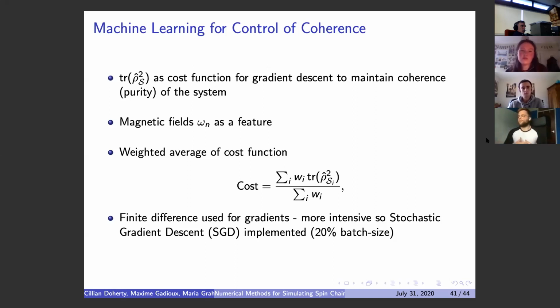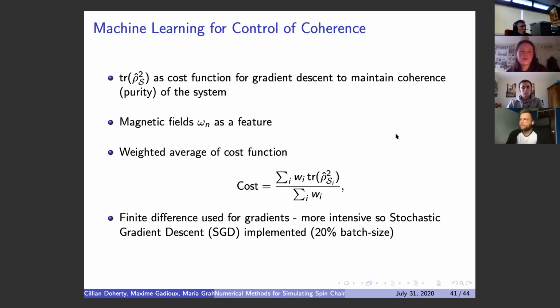So initially a thought was to try to use an average of the trace of rho squared throughout all time points as our cost function. But then we realized that we did want to incentivize maintaining purity at a later time, because that would be more valuable than purity at the start, because we begin with an initial pure state.